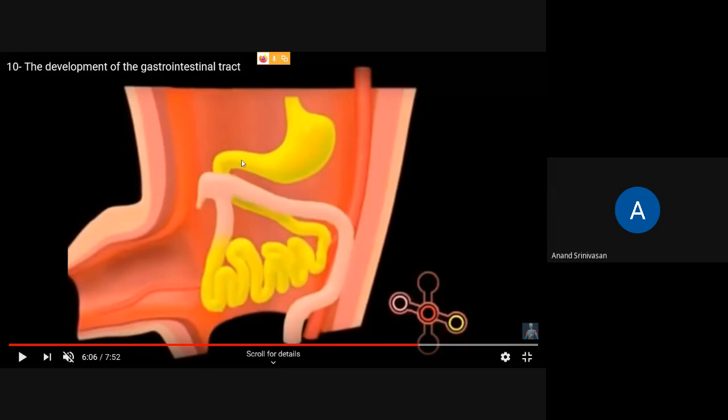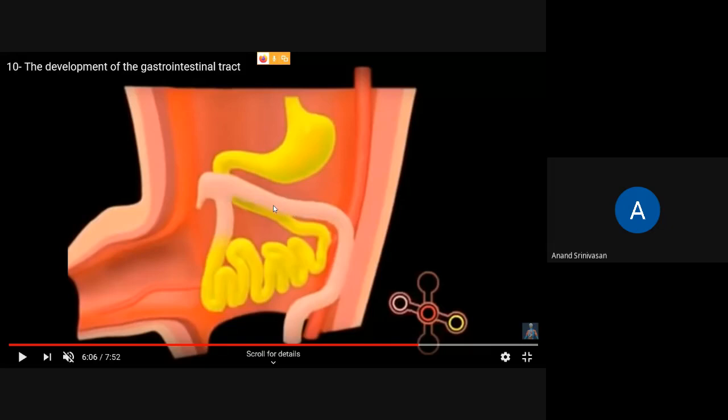I'll give you time. So this is the stomach, duodenum, jejunum, ileum. This is the proximal ileum, and this is the distal ileum, the cecum, appendix, and transverse colon. Two-thirds of the transverse colon develop from the midgut. Here you can see in front of the duodenum there is the transverse mesocolon in the adult position.